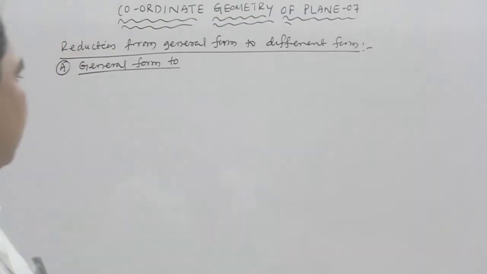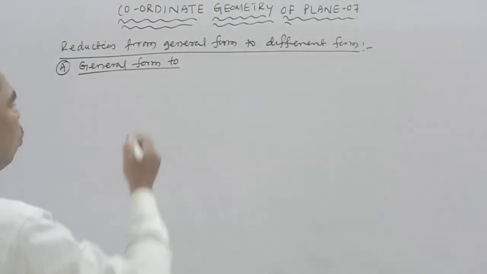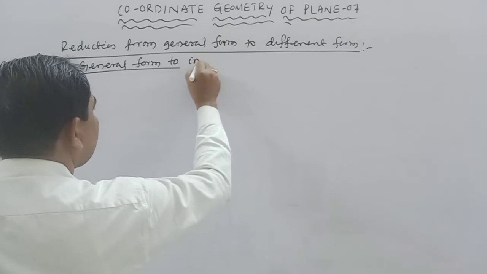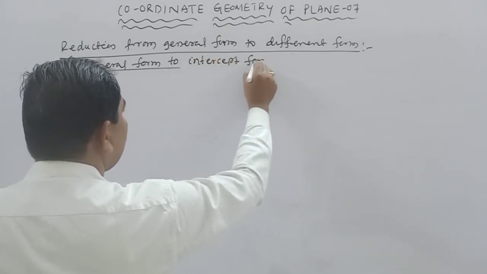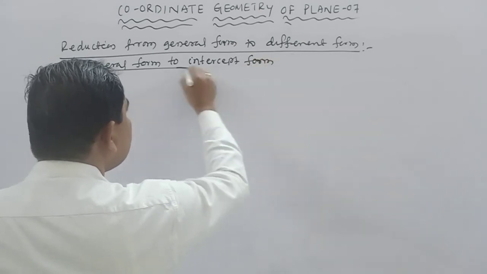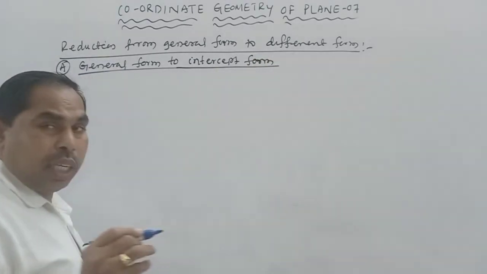Next one, general form to intercept form. Intercept form means x by a plus y by b is equal to 1.